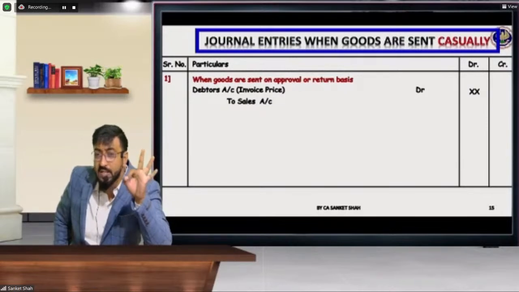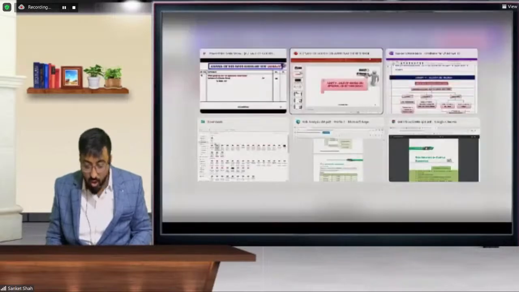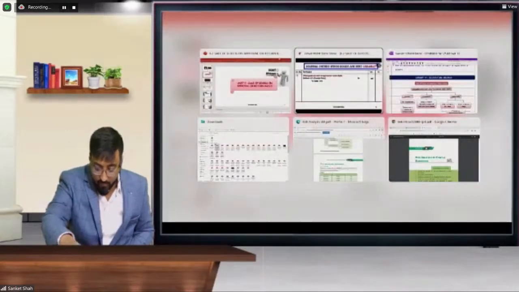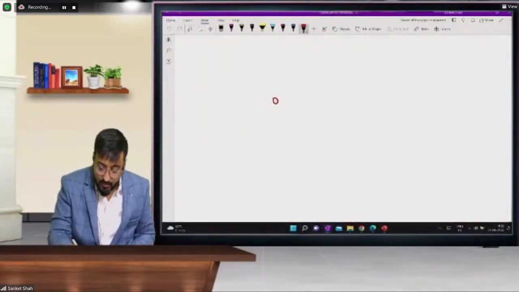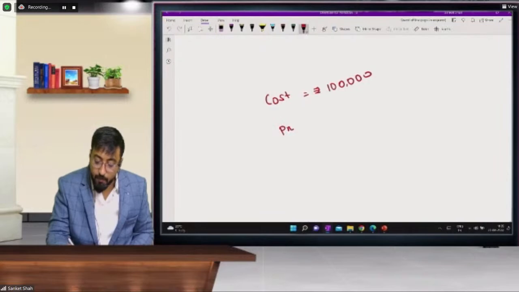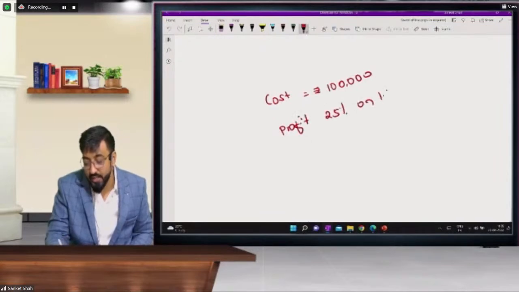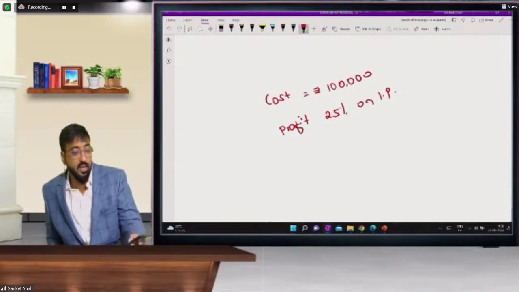My cost of goods is rupees 1 lakh, and I want profit 25% on invoice price. So what is my invoice price? Yes, tell me fast.